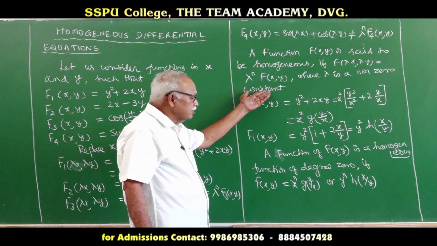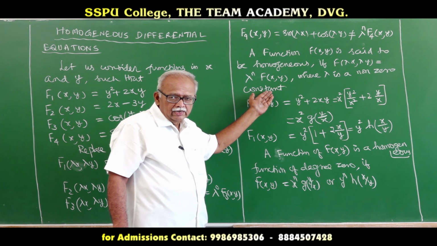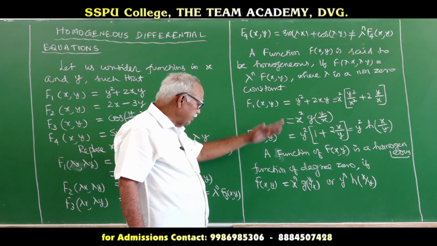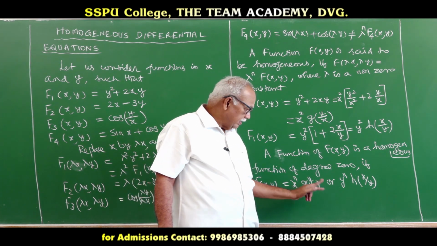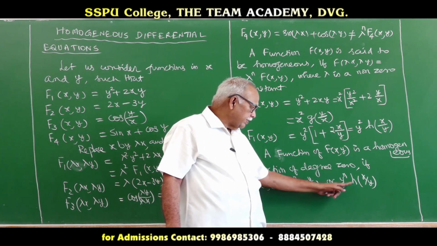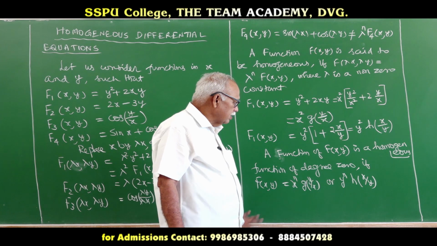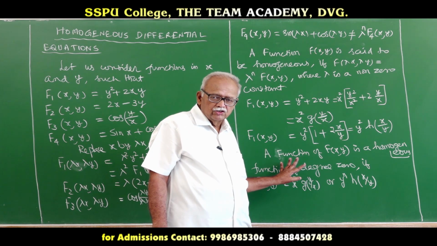Either you can use f of lambda x, lambda y is equal to lambda power n, where n is a natural number, into f of x, y, or we can write capital F of x, y is equal to x power n g of y by x, here the degree is n, or y power n h of x by y. Either of these forms we can use for finding out whether a function is a homogeneous function.